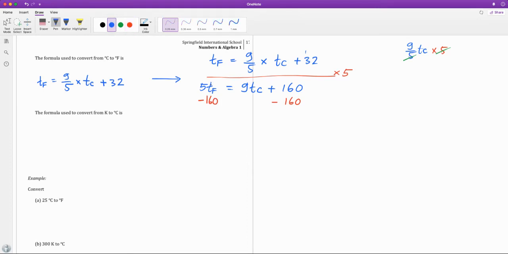On the left-hand side, we have 5 TF minus 160. On the right-hand side, it cancels out. So we have 9 TC alone.